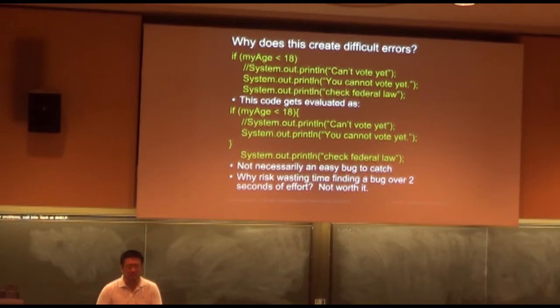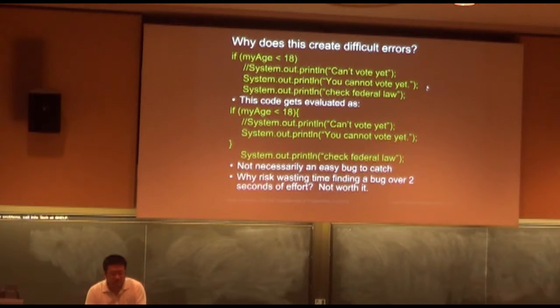Okay, so here's a better picture of why that creates difficult errors. Suppose that you're testing some code, checking ages, and you note that if the person's age is less than 18, instead of saying you can't vote yet, maybe you want to make it a little bit more user-friendly, and so you insert the second print line, check federal law.